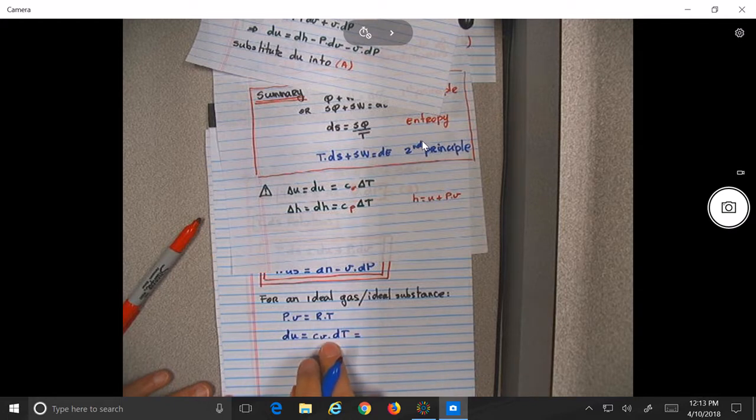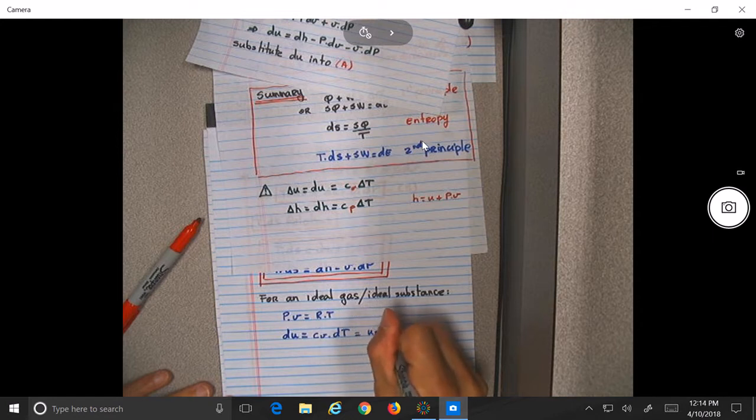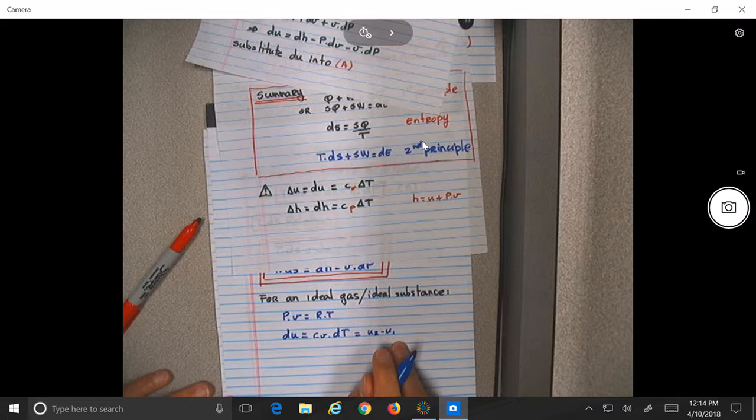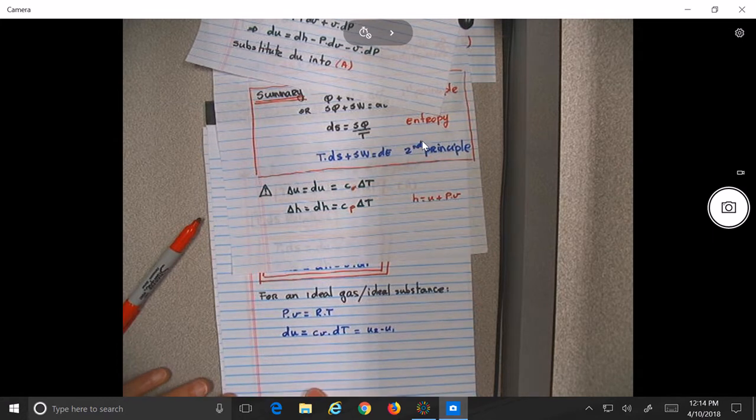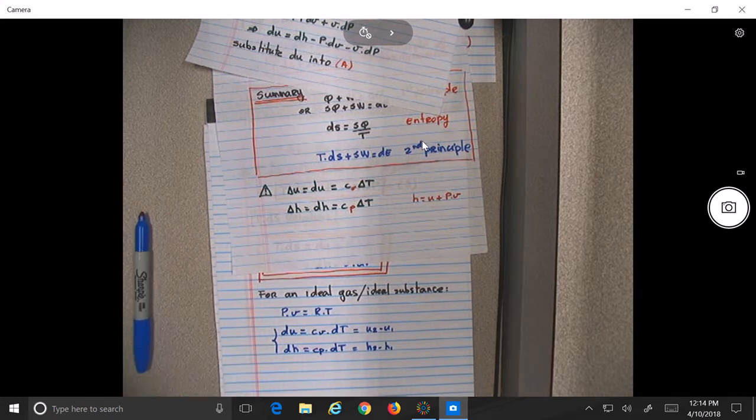Could you do this? You will have no choice but to do U2 minus U1 and look at the tables. But if it is more or less constant, you can have CV times dT. What about dH? It will be CP dT, or if it's not ideal, H2 minus H1.